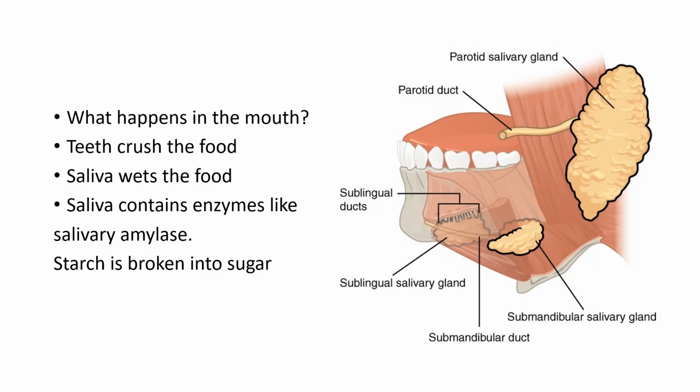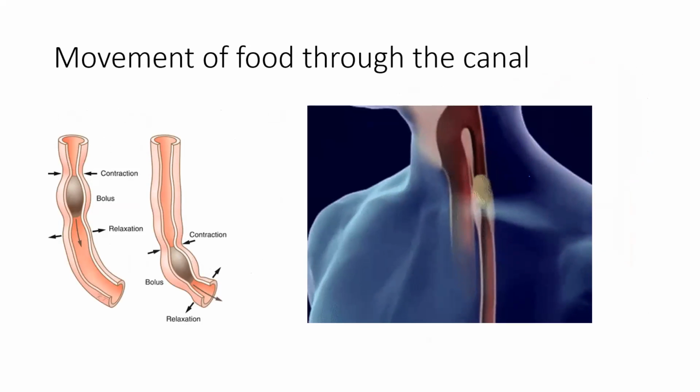So the food needs to know that it needs to go down the food pipe and not the windpipe. So there is a doorway which closes, which opens half. Only that half opens that leads to the food pipe, and the other half which leads to the windpipe is closed. So that is one very clever mechanism or a sphincter process through which the food enters the food pipe and thus the esophagus. Right?